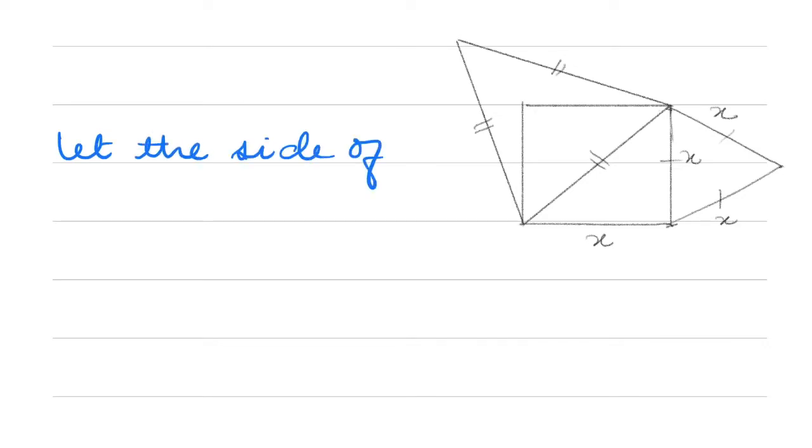There is another equilateral triangle on the diagonal. In this, let the side of the square be x. So all the sides of the equilateral triangle on the side of the square would be x. So let the side of the square be x centimeter.